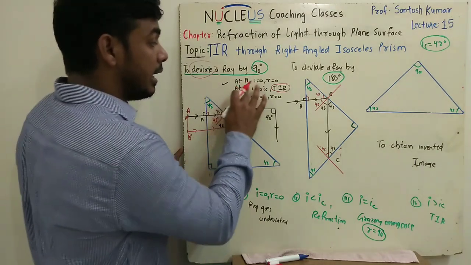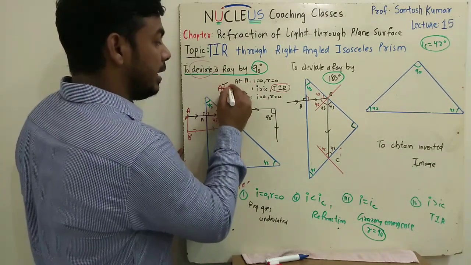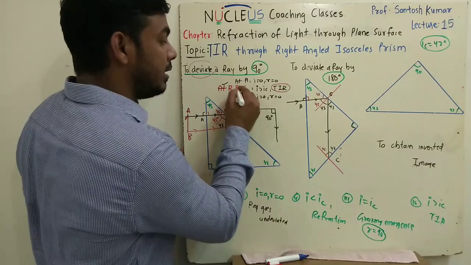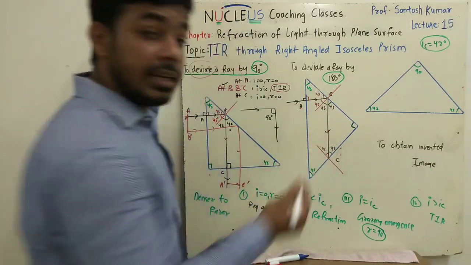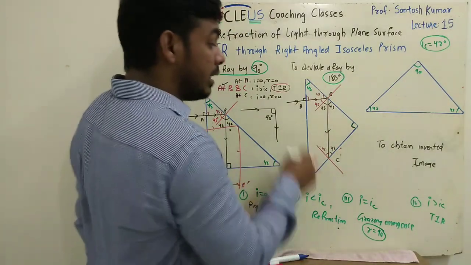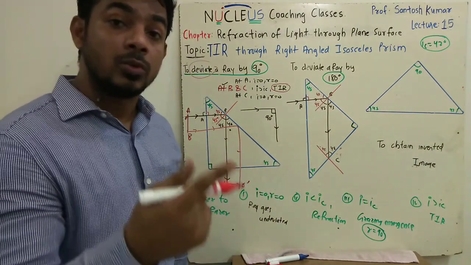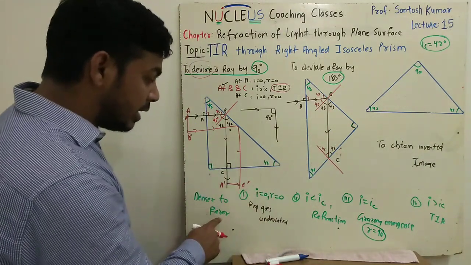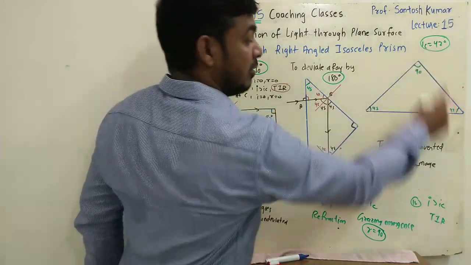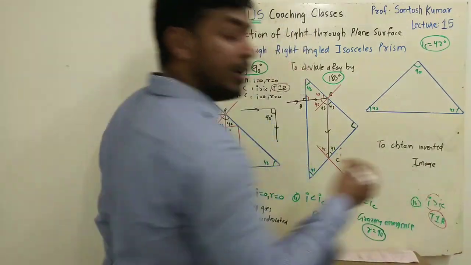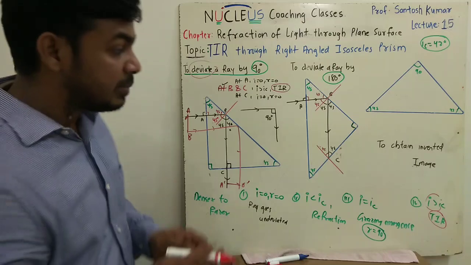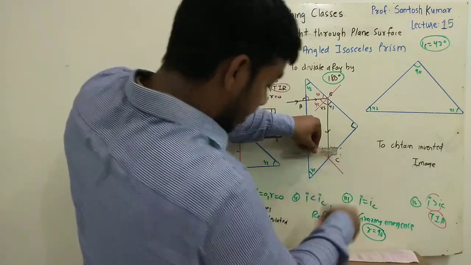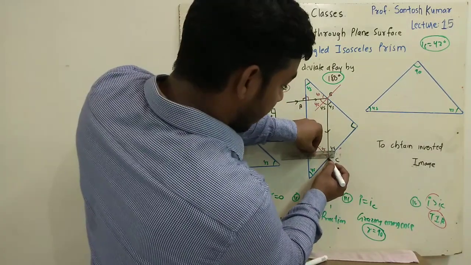That means at both B and C the angle of incidence is 45, and in both cases the ray is traveling from denser to rarer. So if the angle is 45, which is more than critical, total internal reflection will take place, and again the ray will get reflected by 45 degree.